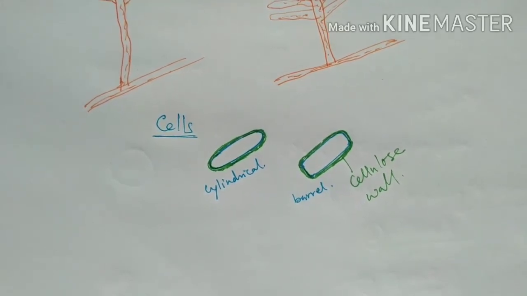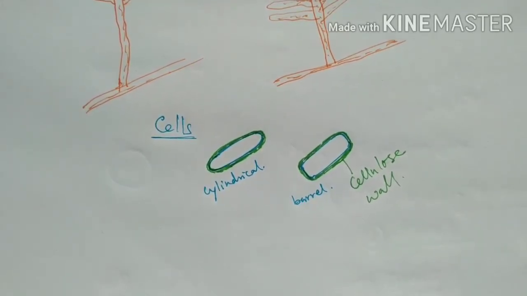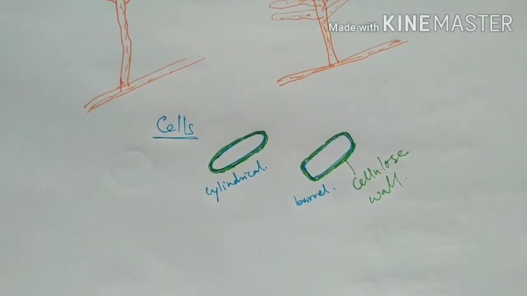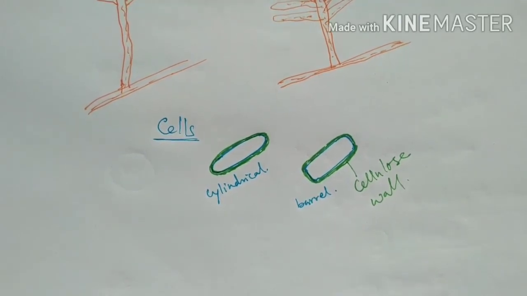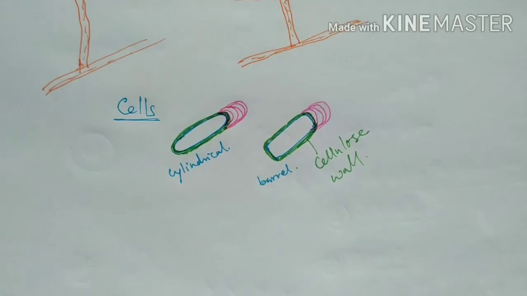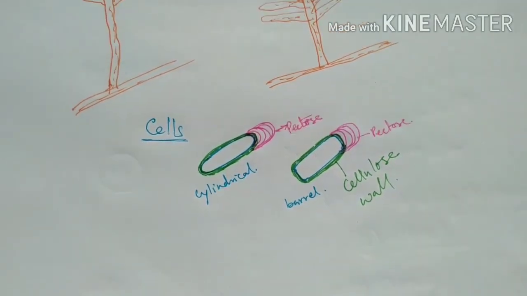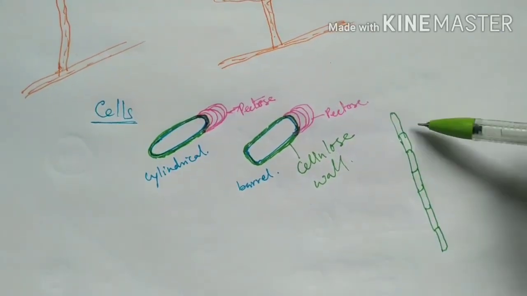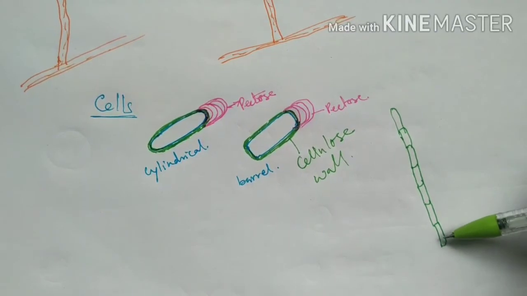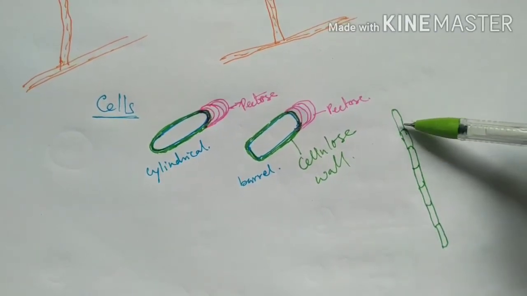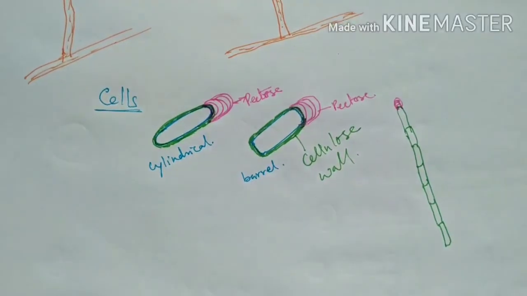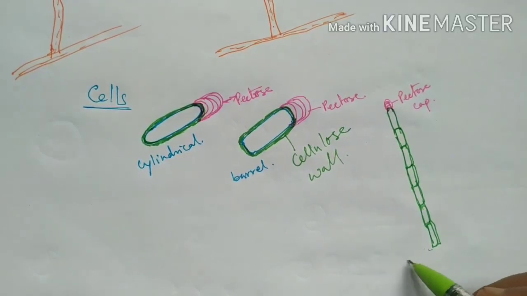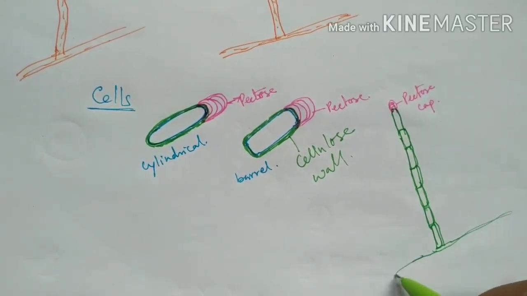So the apical portion of the cell contains a cap cell, and these caps are produced from the pectose layer. So if these cells make a branch, then this apical cell contains a pectose layer or pectose cap, and this is an identifying character of Trentepohlia algae.